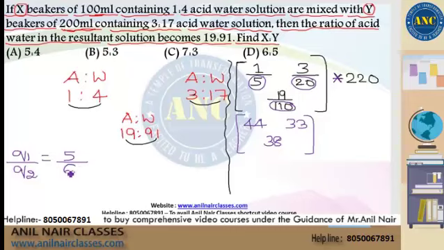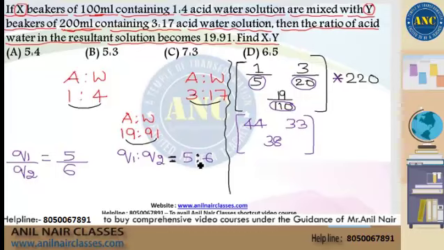Minus by minus becomes positive. That means the two quantities, in the first type of vessel and second type of vessel, are mixed in the ratio 5:6.